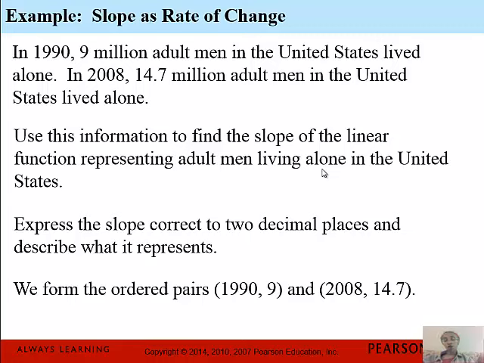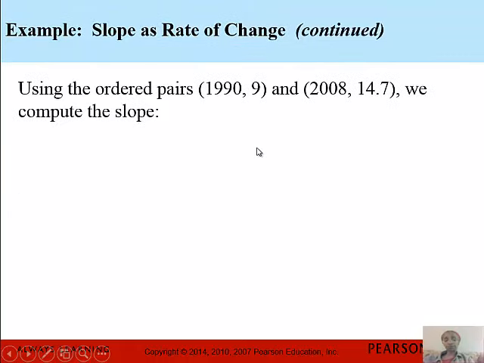We formed the ordered pairs (1990, 9) and (2008, 14.7) based on the information that we were given. So we use these ordered pairs to find slope.